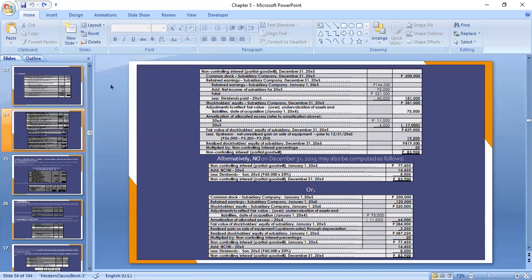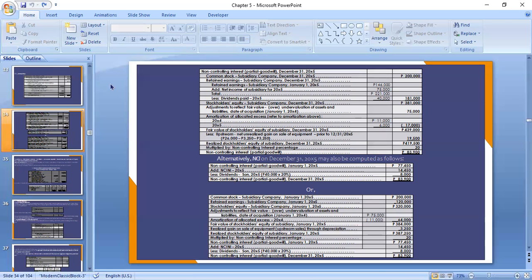Or we have the alternative computation, the non-controlling interest under the partial goodwill approach on January 1, 20x5. Then we have the non-controlling interest in net income in 20x5. And we have now the dividends, 40,000 multiplied by 20%.